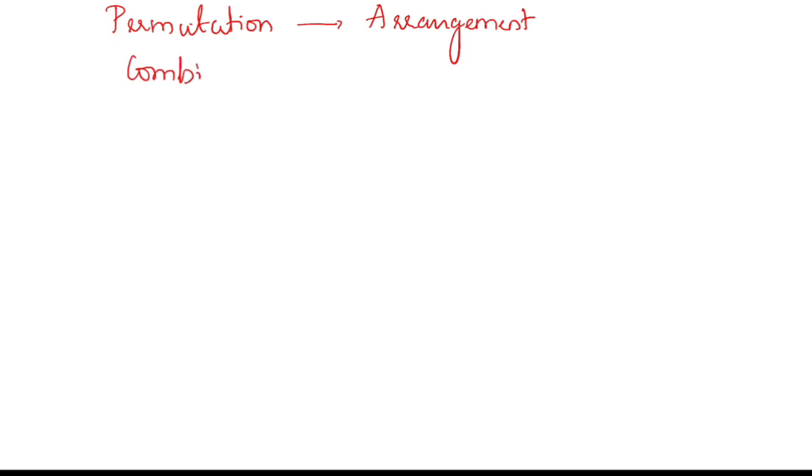So what do you mean by permutation? Permutation is nothing but arrangement, and combination deals with selection.